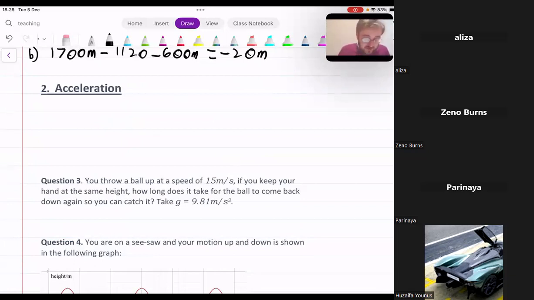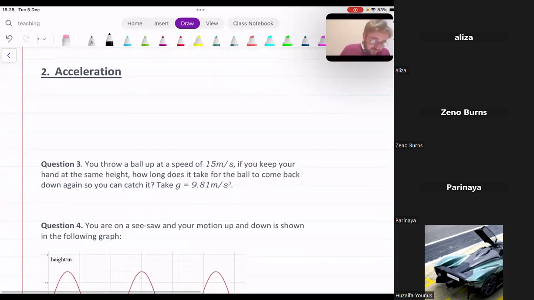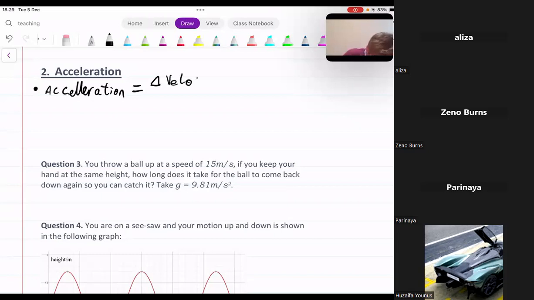Okay, so the next section we're going to look at is acceleration. Acceleration is the rate at which velocity varies. So acceleration equals change in velocity divided by the time taken.